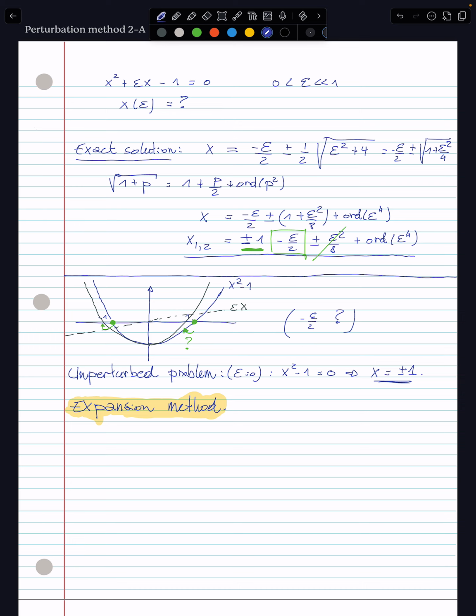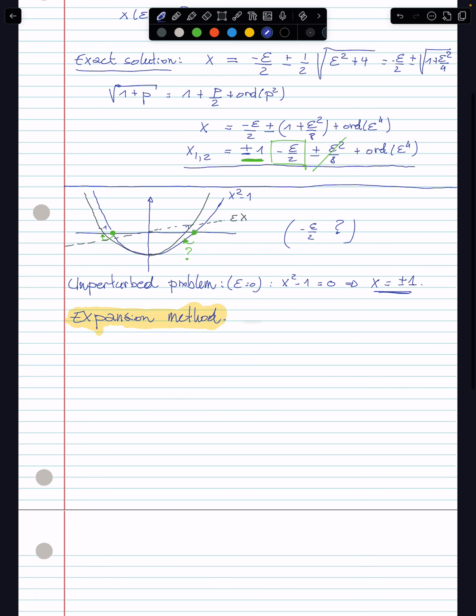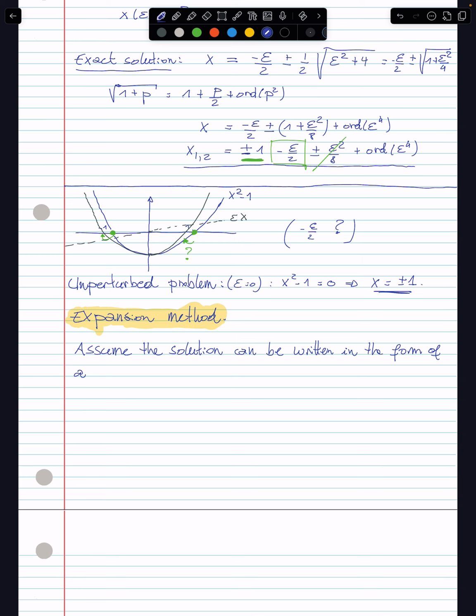The expansion method works by assuming that the solution of the problem can be written in the form of what is called an ansatz.